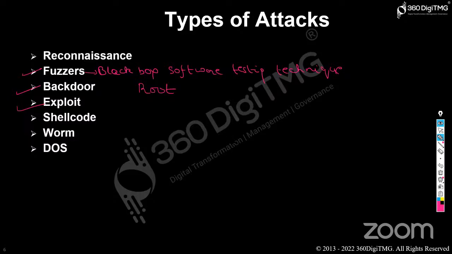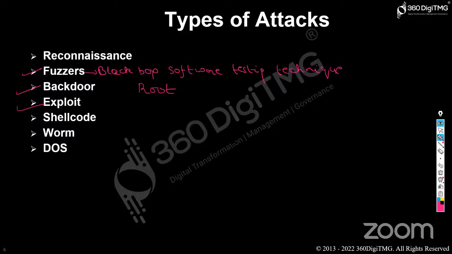Exploiting something is quite relatable. If a person is weak, people exploit them. In the same way, an exploit attack refers to a program or code that takes advantage of a security weakness.